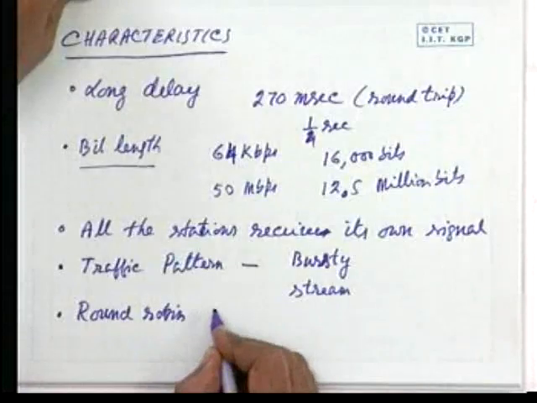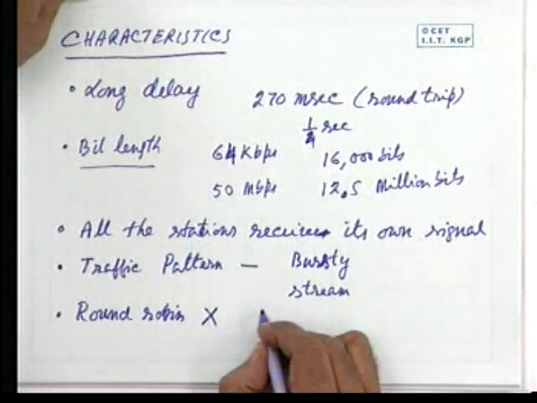So polling is not suitable because lots of time will be wasted just for polling purposes. Similarly, token passing cannot be used also, because just for sending the token you have to spend again 1/4 of a second. As a consequence, the round robin techniques are not suitable.